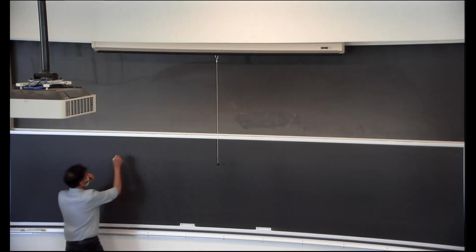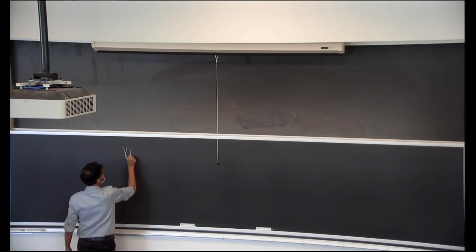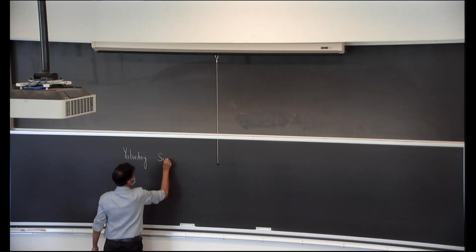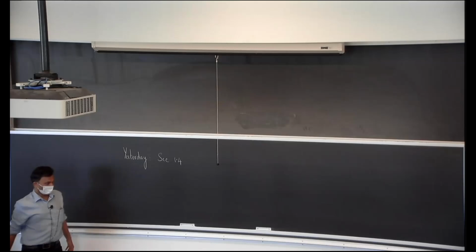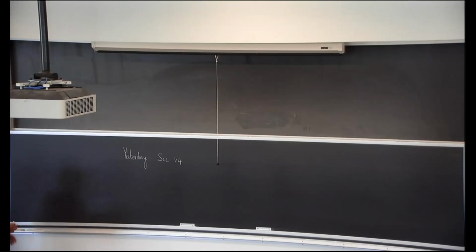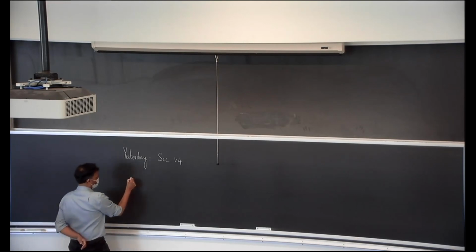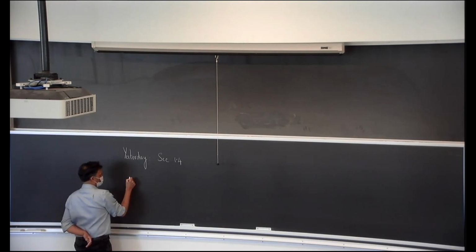All right, yesterday we were doing section 1.4. We finished 1.3, so I'm not going to talk more about that. 1.4 is the slightly unpopular section, if you will. So we were talking about first order linear differential equations.